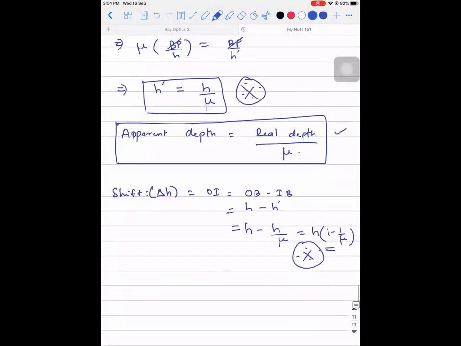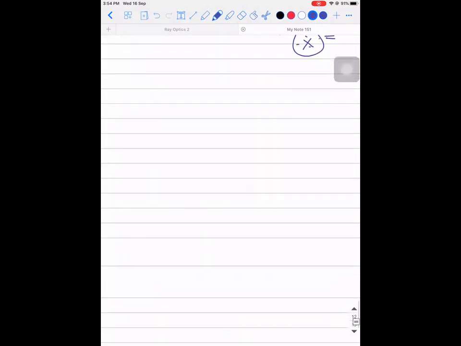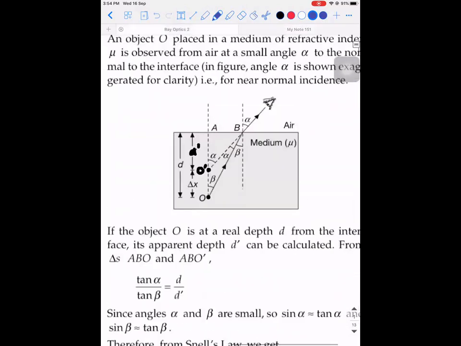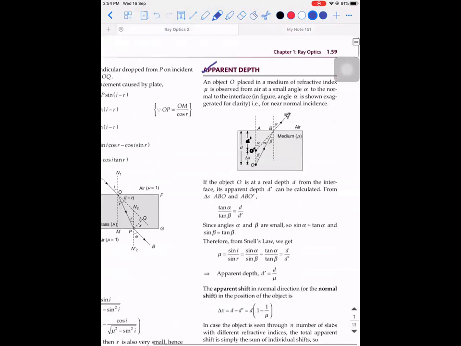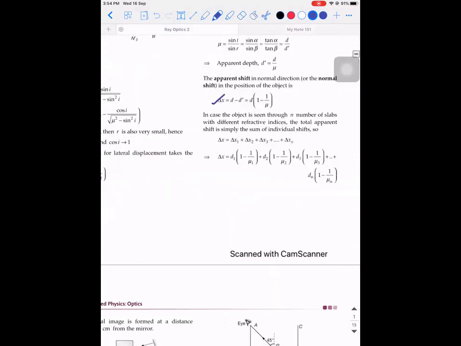Yes, sir. So this is all about apparent depth. This is done. We have seen what is apparent shift also.